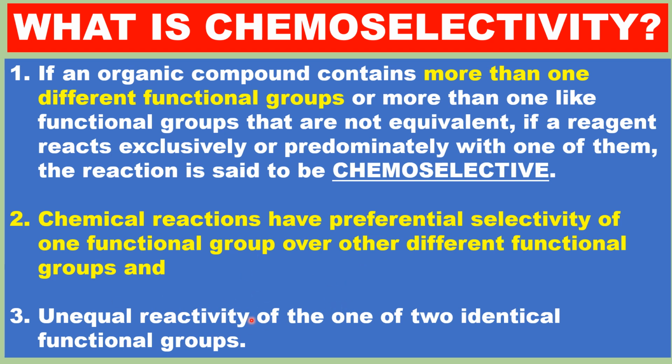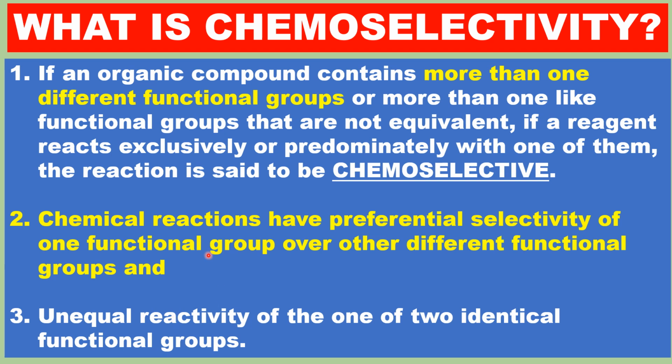Unequal reactivity, in other words, you have two functional groups of unequal reactivity, or one of two identical functional groups. Chemoselectivity occurs due to preferential selectivity of one functional group over the other different functional group, or unequal reactivity, where one is 100% reactive and another is 50% reactive.